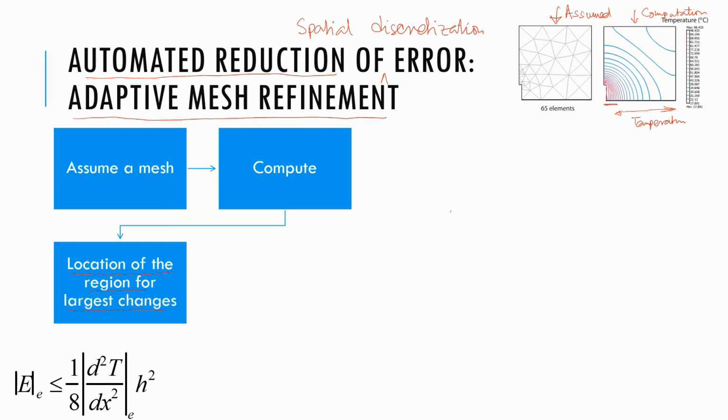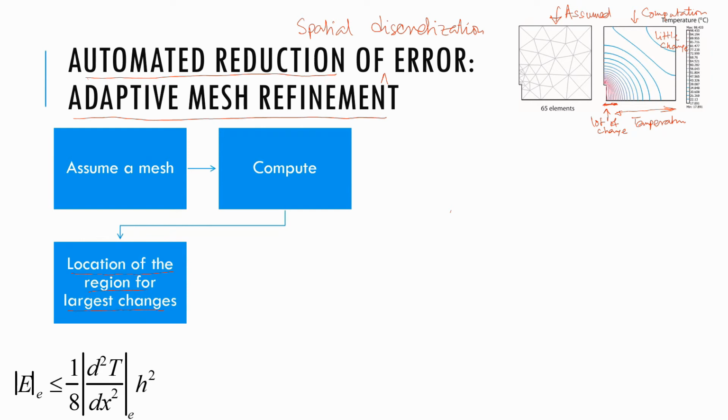Here, for example, is a lot of change, and here it's little change. That's why the contour lines are farther apart. So we know where the changes are happening, and we basically want to put more elements in there.